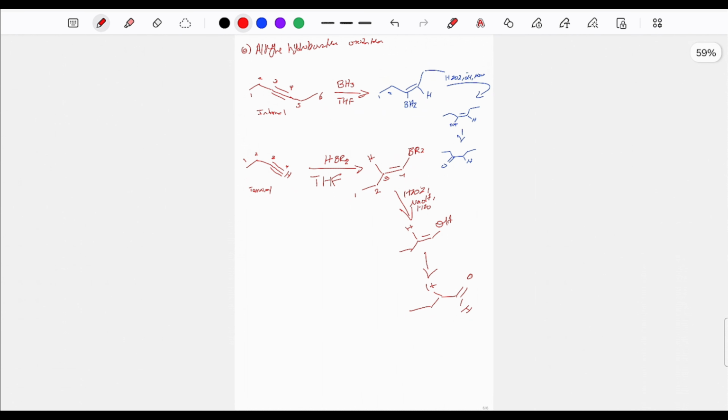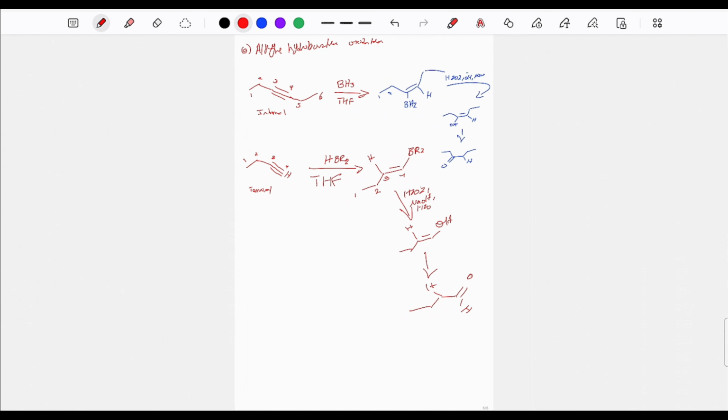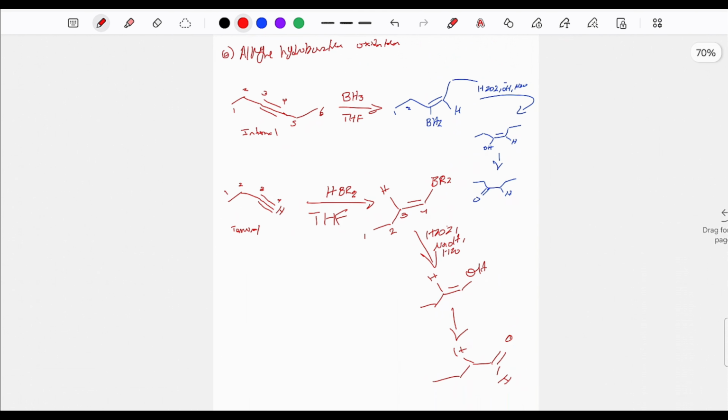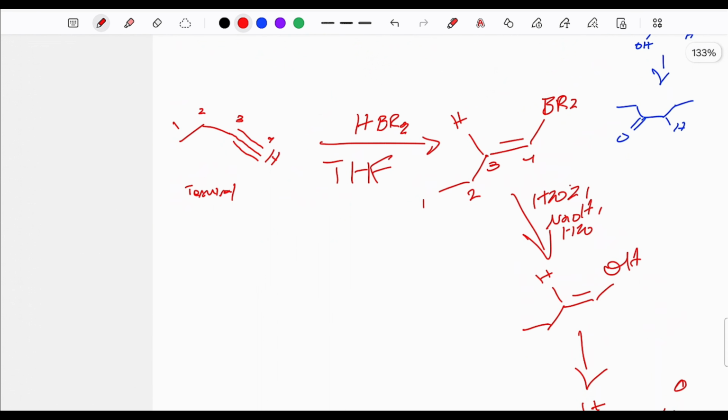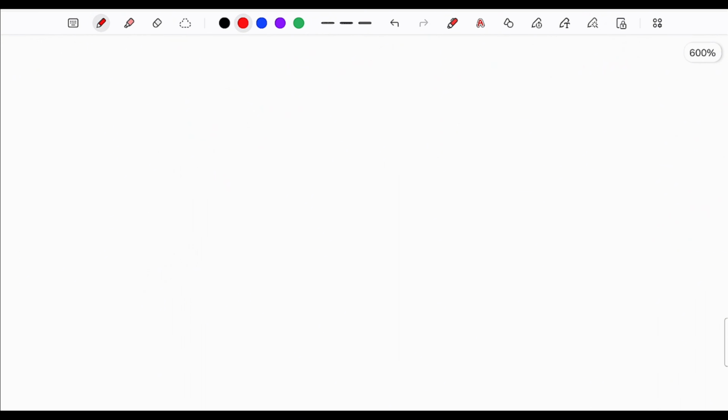This is rather difficult, so yeah, we won't be taking a look at the mechanism. Actually, you know what? We can take a look at the mechanism very briefly.